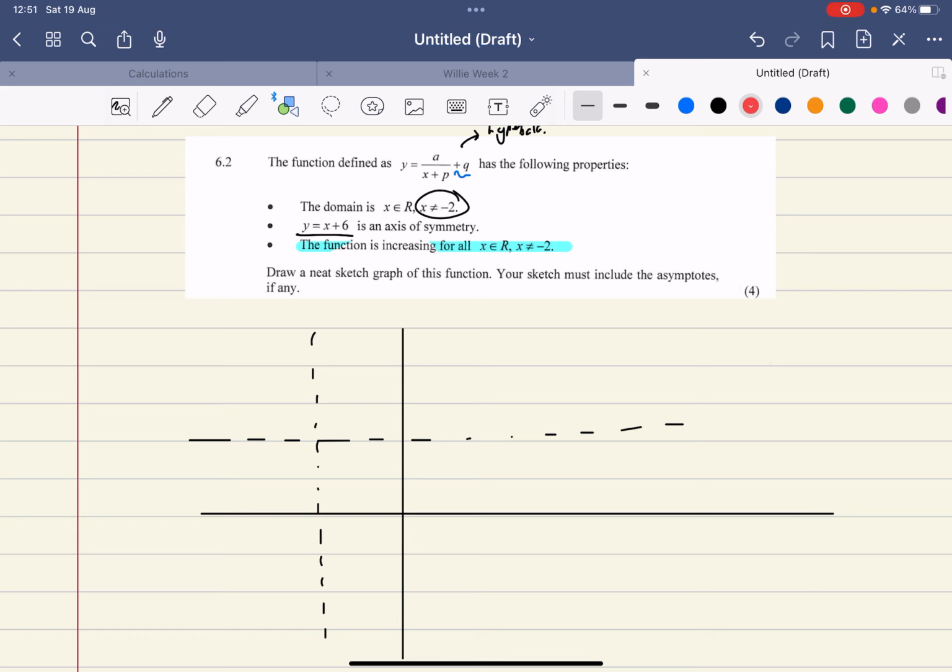It's an increasing hyperbola, which means that it's going to take this shape. Whoops, that's not brilliant. Okay, I might have to just freehand this one. It's going to look something like that. And x is equal to -2 and y is equal to 4 are our asymptotes, and that's all it wants us to show.